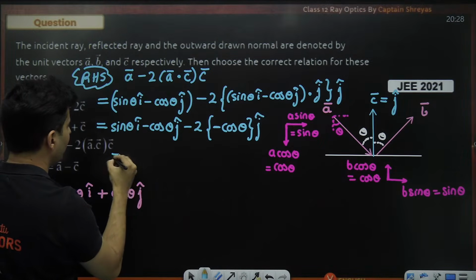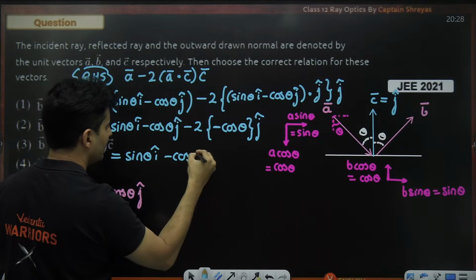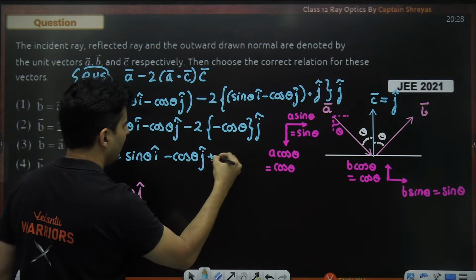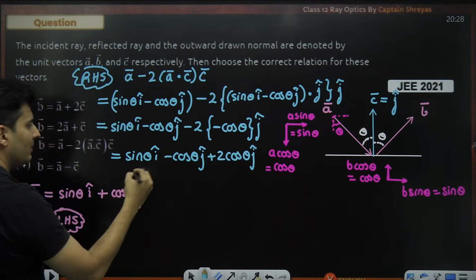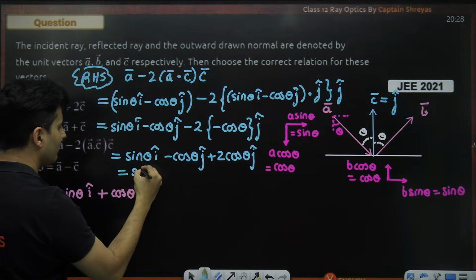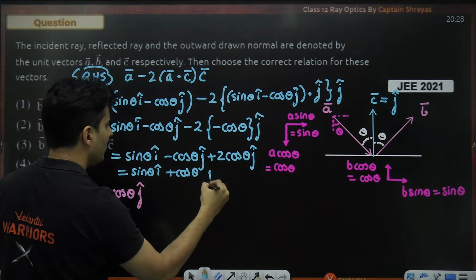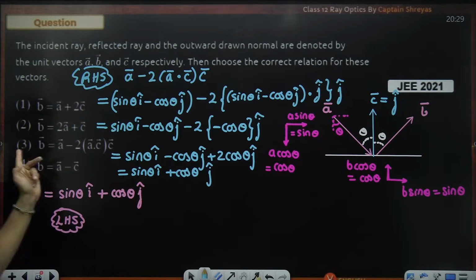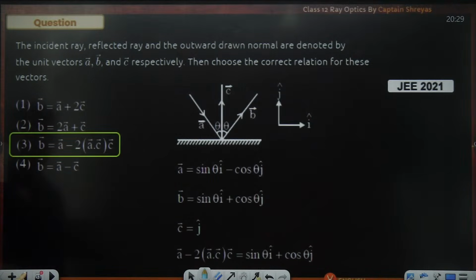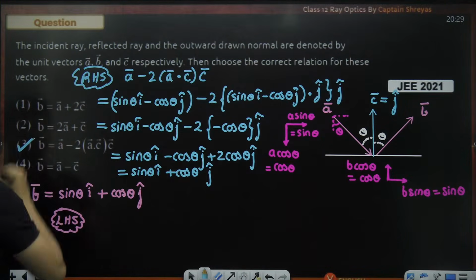Minus minus will become plus. So it will become sin theta i cap minus cos theta j cap plus 2 cos theta j cap. Minus 1 plus 2 will become plus 1. So it will become sin theta i cap plus cos theta j cap. Can you see it is exactly this? LHS and RHS are equal. So it should be option labeled 3.